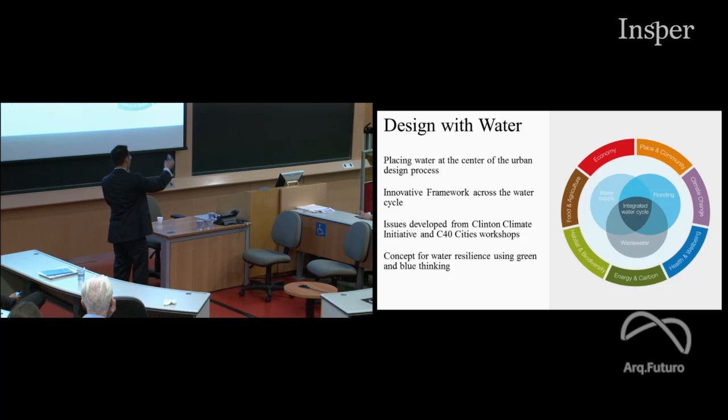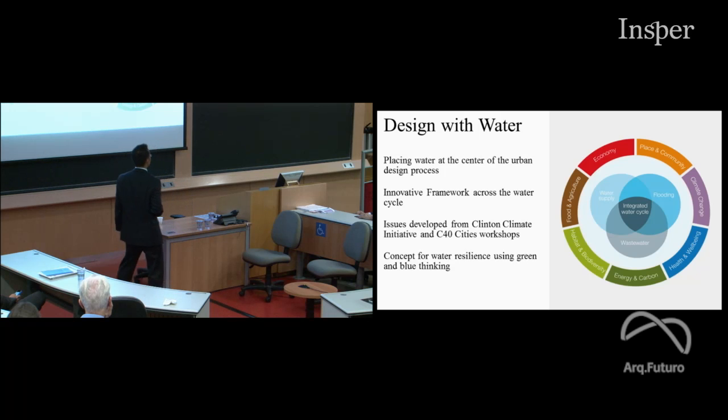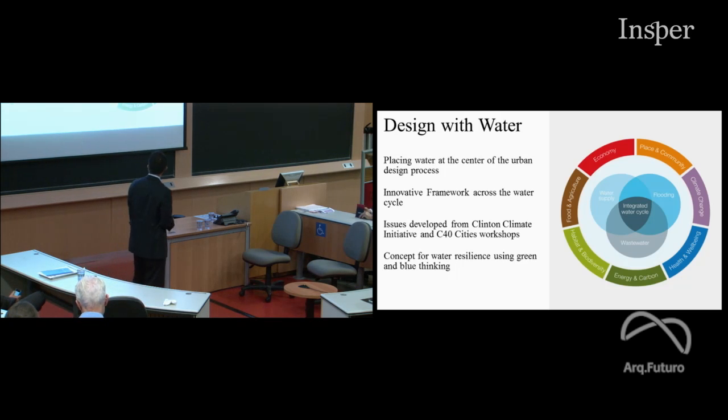And if you can see where we've put the water cycle, we've put it in the middle of looking at the economy, place and community, how we deal with climate change, how we promote health and well-being, the link between energy and carbon, creating habitat and acknowledging that there will be issues with food and agriculture. We developed this as part of the C40 Cities workshops and the Clinton Climate Initiative. And it's really a concept of water resilience and looking at blue and green thinking.